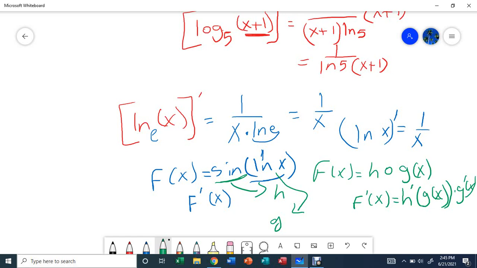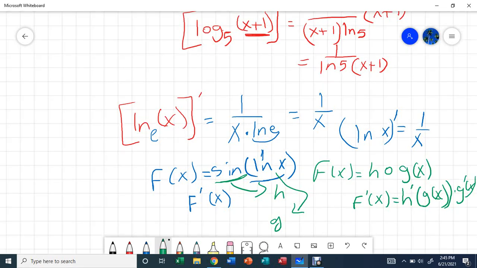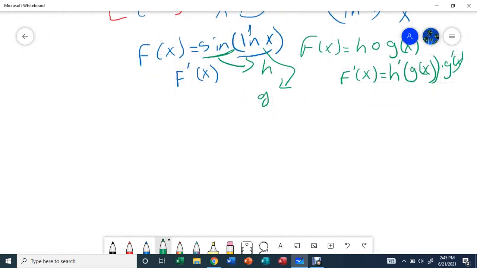So let's use the chain rule. So f prime of x will be the derivative of sine, which is cosine. Cosine applied to ln of x times the derivative of ln of x.